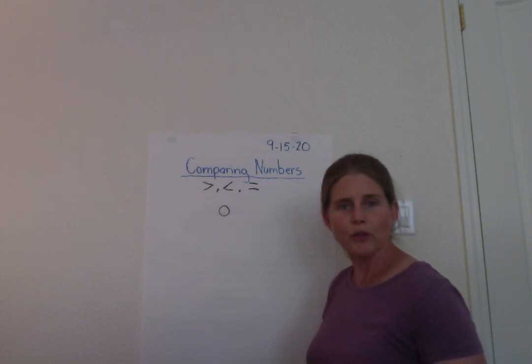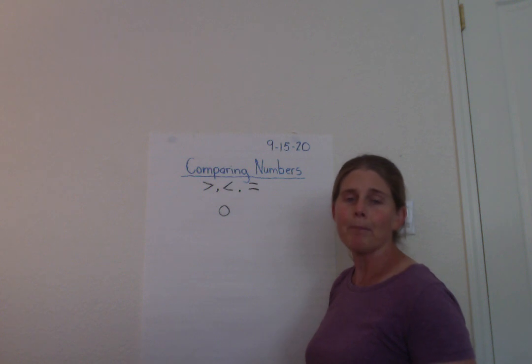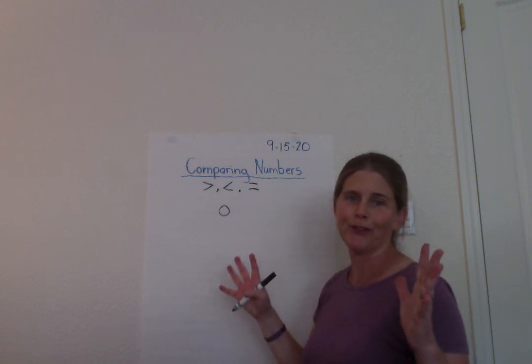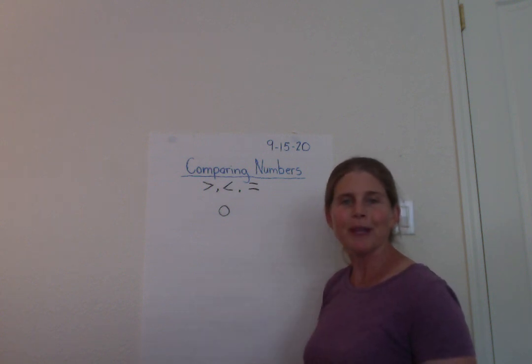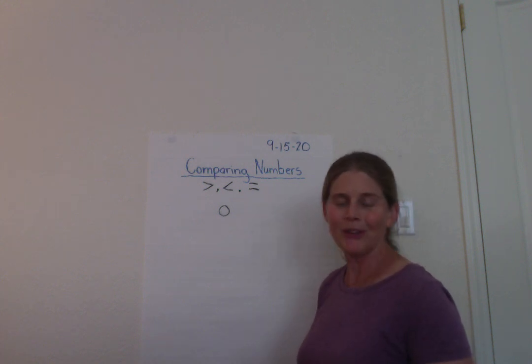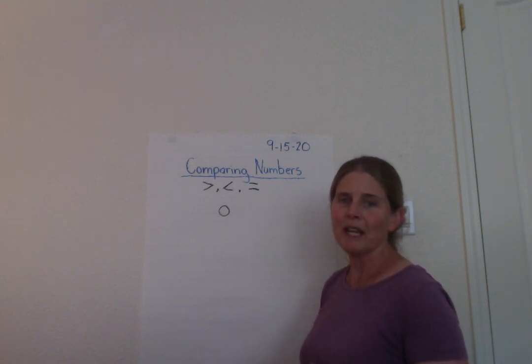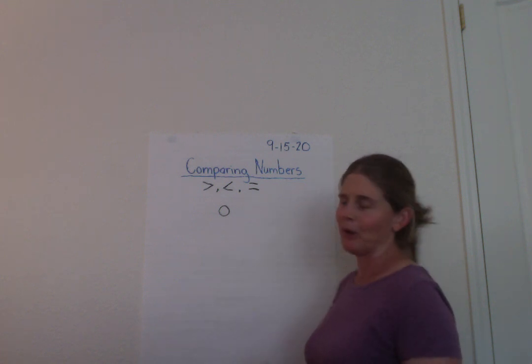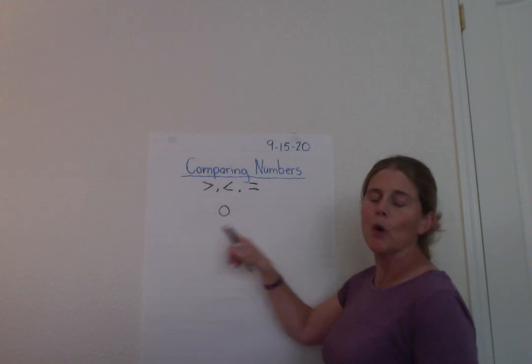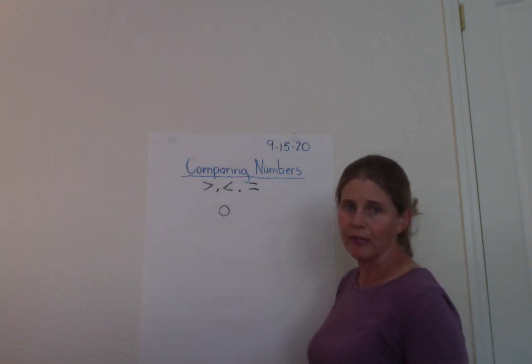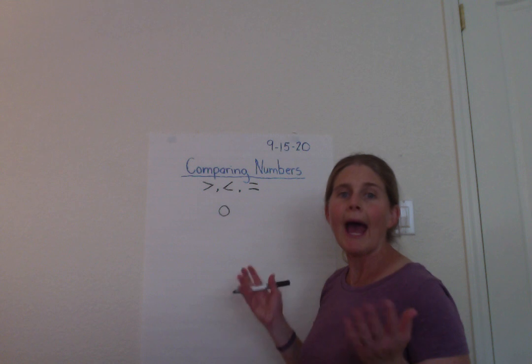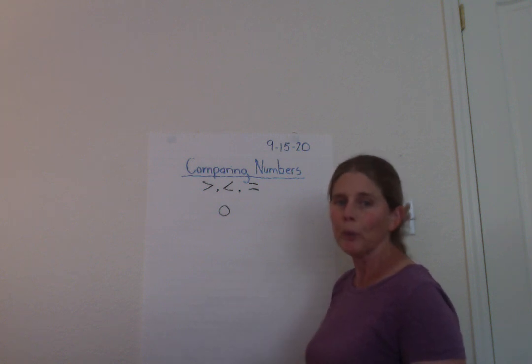So I'm going to show you some tricks today about comparing really big numbers. Because you've probably noticed this week, yesterday we talked about numbers in the millions, 100,000, 10,000. This week is about going big. Okay, so let me write my numbers. We're going to go out to the 100,000 and then we're going to talk about how we can compare really simply.